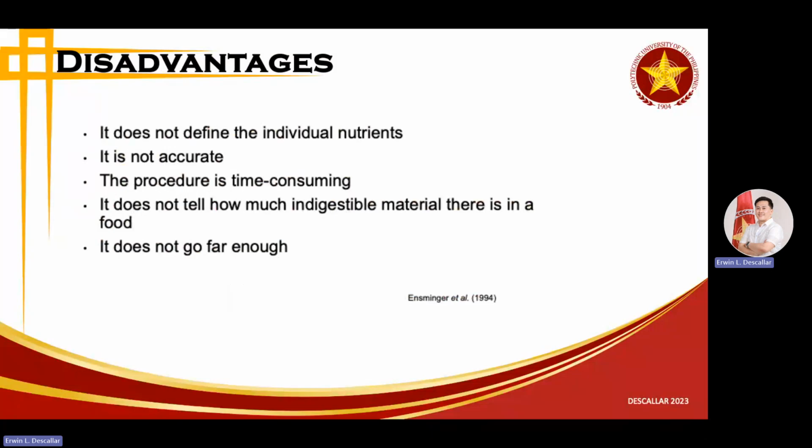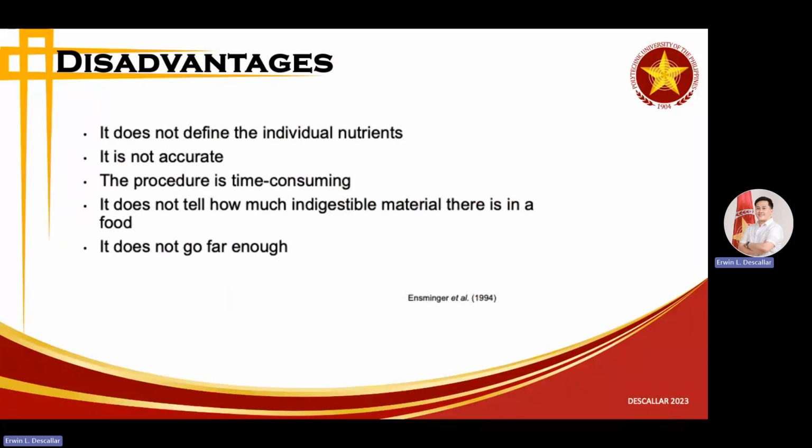Now, what is the disadvantage of proximate analysis? It does not definitely define the individual nutrients. Again, we are just approximating. It may not be that accurate, but you have a good representation of the macronutrients present in a food sample. The procedure is time-consuming as well. It is still a conventional method of doing food analysis or proximate analysis on each sample.